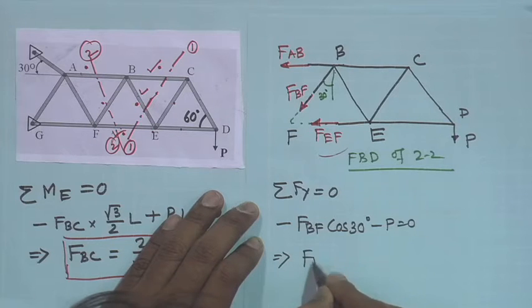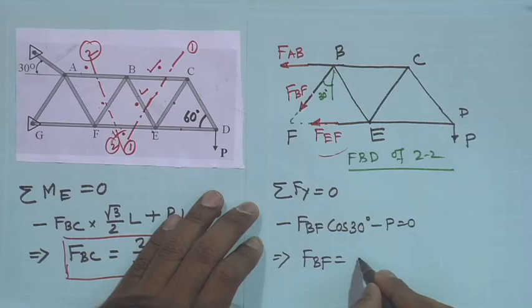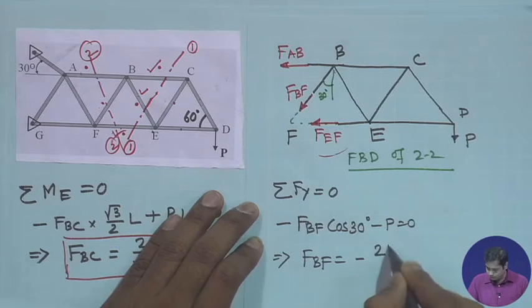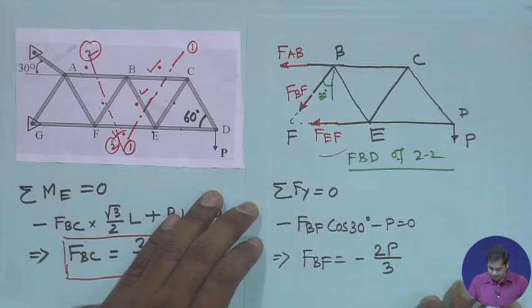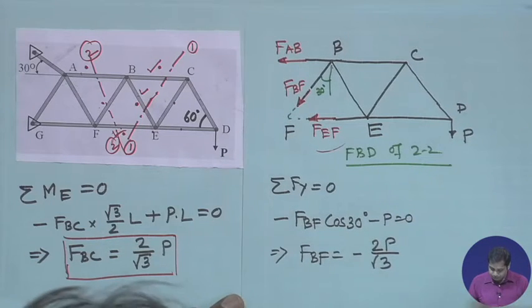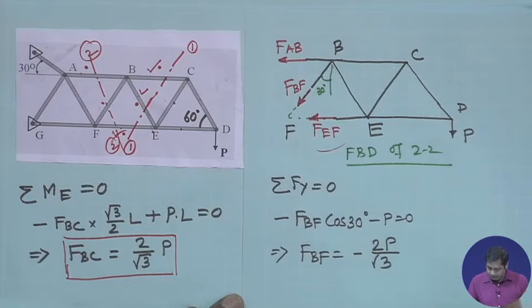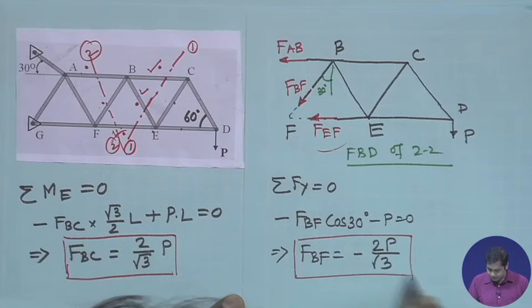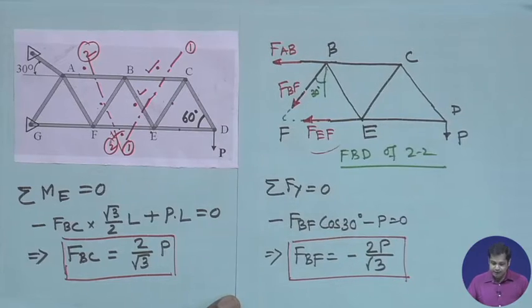So FBF is equal to minus 2P by root 3. Okay, this is the force in member FBF.